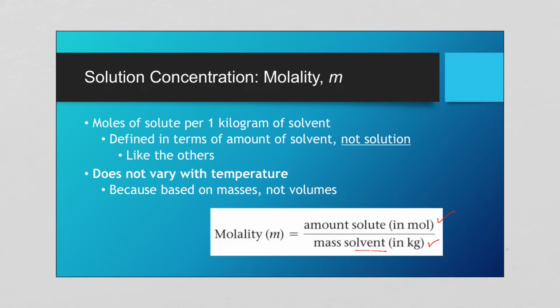So typically places where we see something like molality are going to be in temperature sensitive types of calculations, or where we're looking at changes in temperature. But a couple of key differences. Note that it's mass of solvent, not mass of solution. Okay, so that's molality.